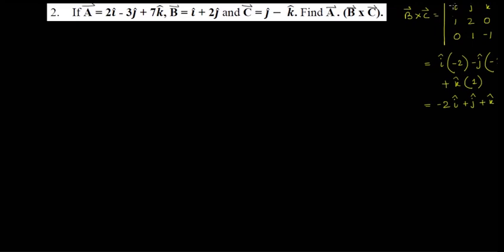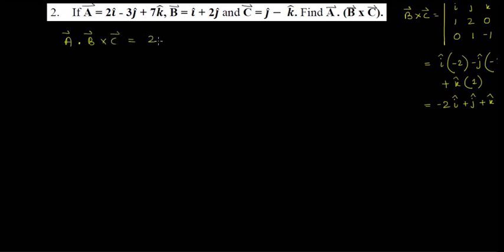I have already done this B cross C here using that determinant. You can also do it directly, or let me do it separately as well. So first find A dot B cross C. What is A?